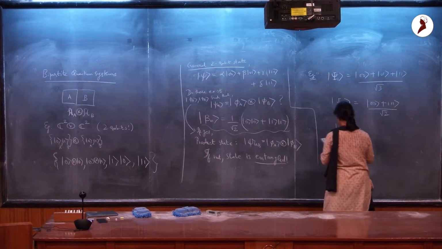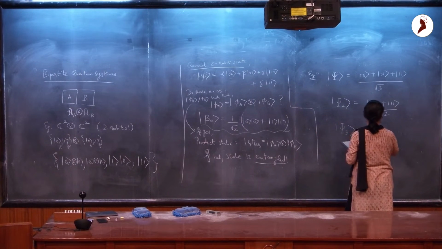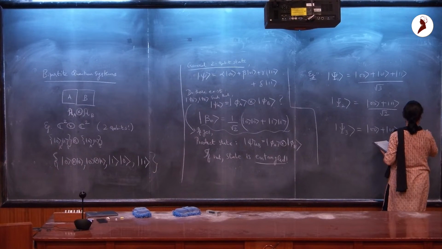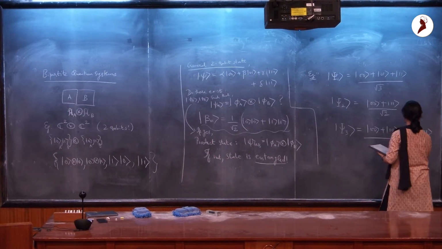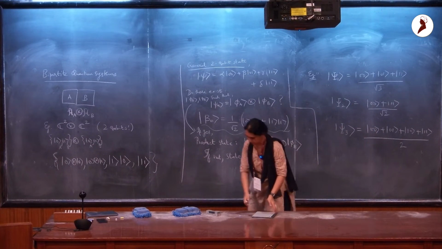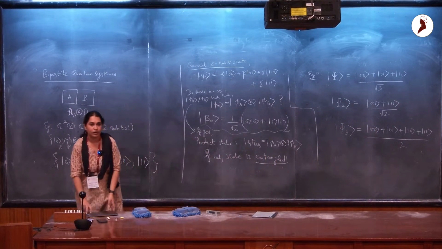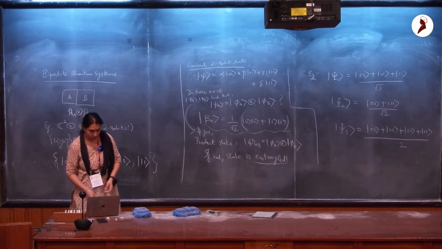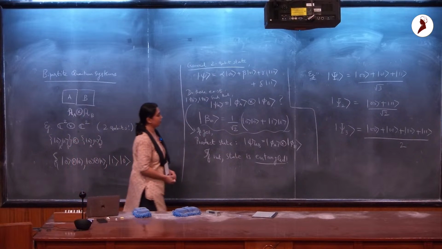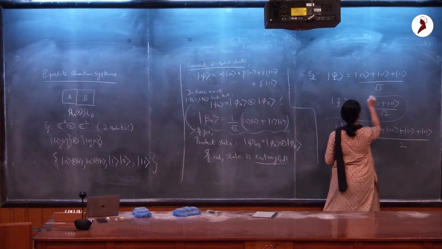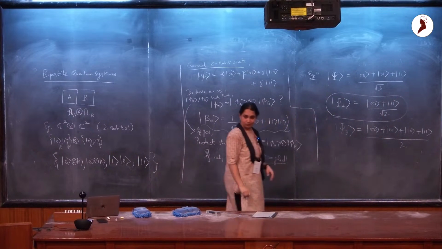And psi 3 is this state. So are these states product states or are they not? That is the question. So this one maybe you already know is a Bell state, okay?